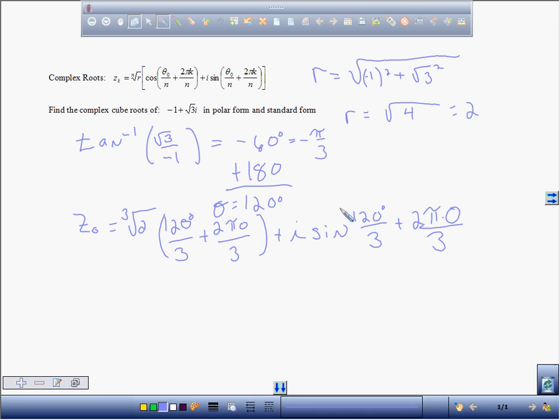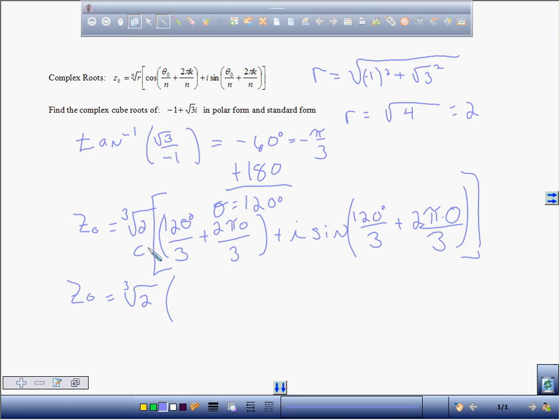When I simplify that, there should actually be big parentheses around all of that. I get z sub 0 is equal to the cube root of 2 times, did I forget something? I forgot a cosine.